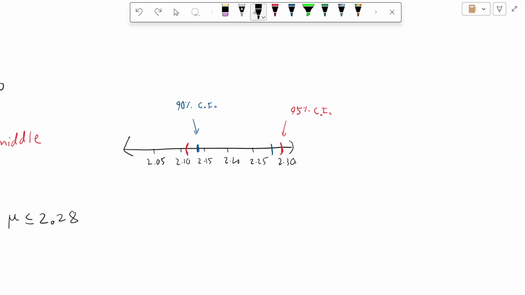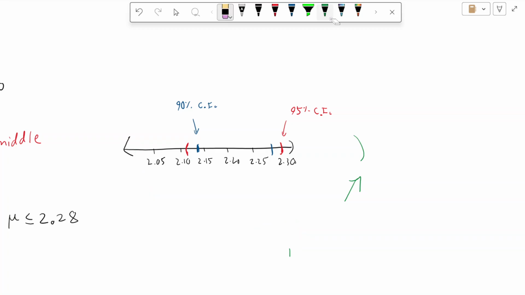So if we did a 90% with 10, you'll notice the confidence interval is super wide. That is because we only have 10 Pomeranians, so we're a lot less sure about what the true mean is. The more Pomeranians you use, the smaller your confidence interval will become.